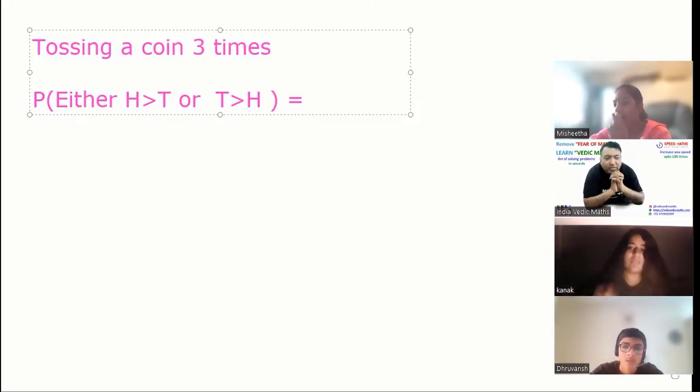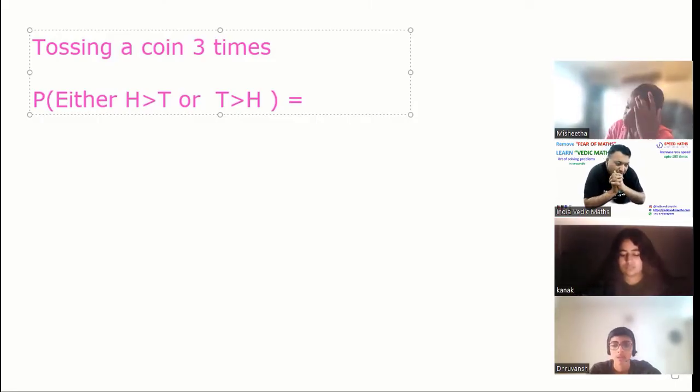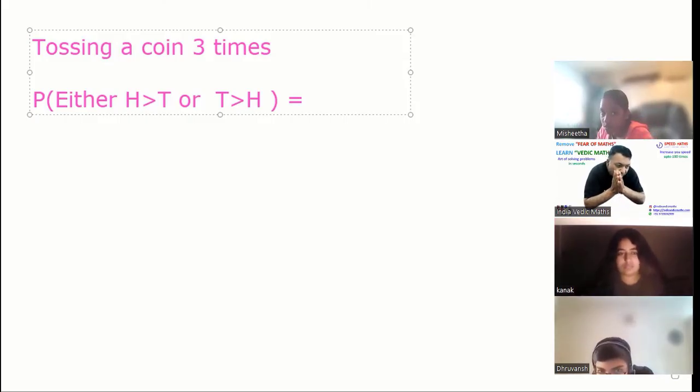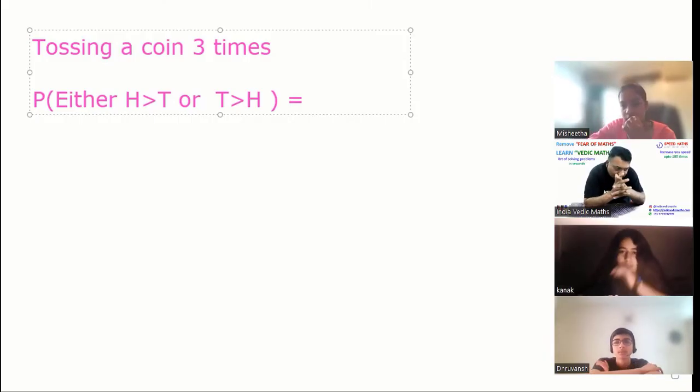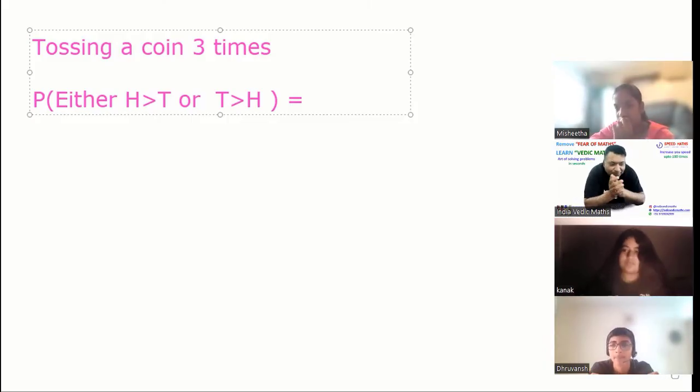Mishita says this much? No, Mishita. Think. Dhruvansh, no. Think. Vedant, no. Dhruvansh, you are correct now. Think. Either heads are more than tails or tails are more than heads. No, Mishita, no.